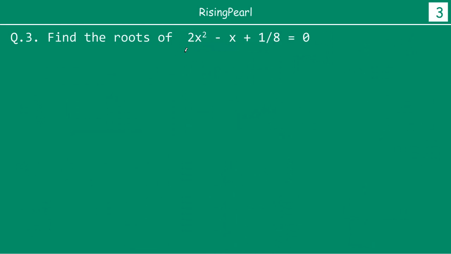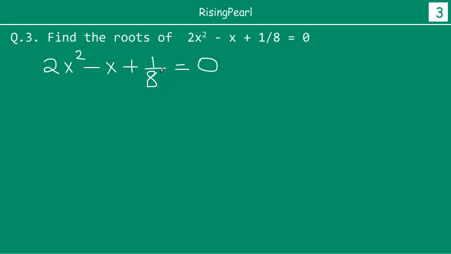Now let's try to solve this particular quadratic equation. So 2x squared minus x plus 1 by 8 equals 0. So friends, first and foremost, we would want to get rid of the denominator.